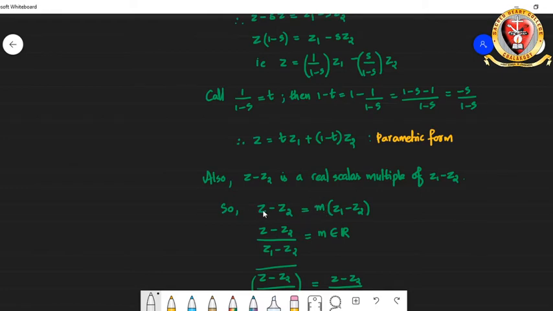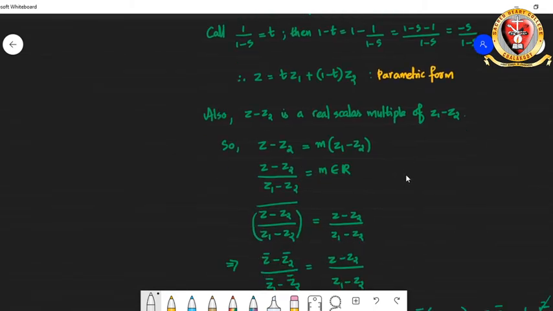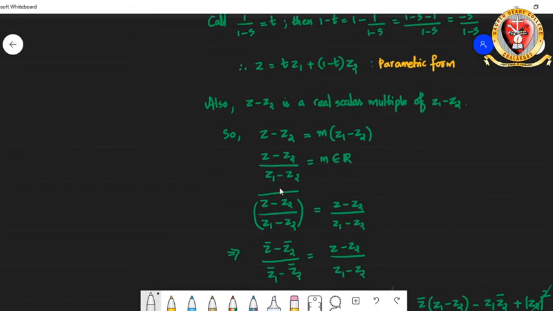Okay, and you're getting z minus z2 is equal to m into z1 minus z2. And when you form it into the fraction, you get that is equal to m, and that is a real number. And like earlier, we are saying that since this is a real number, the conjugate is equal to the real number.